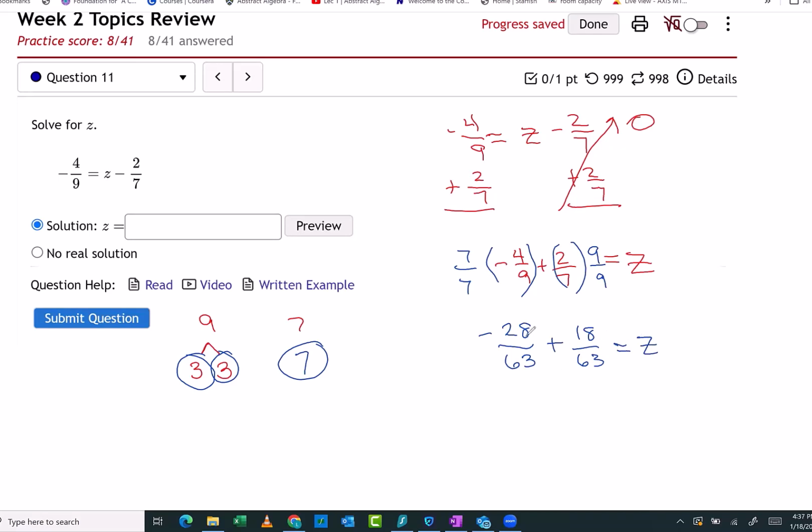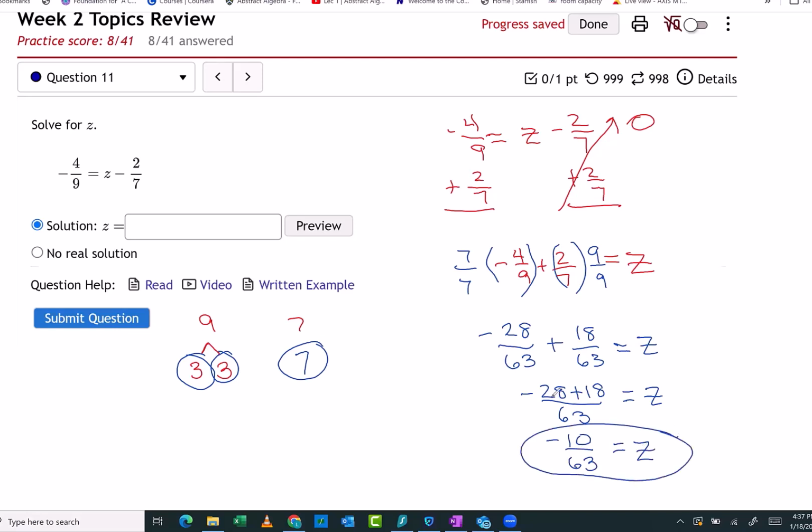And then, since I have a common denominator, that's really the same as this. You don't have to go through all these steps. I'm just trying to go through the steps to make it easier. Negative 28 plus 18 is negative 10, divided by 63, equals z.